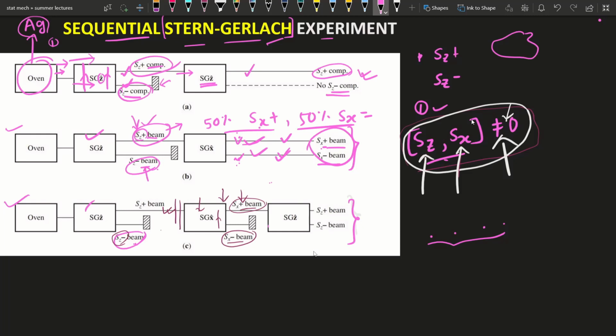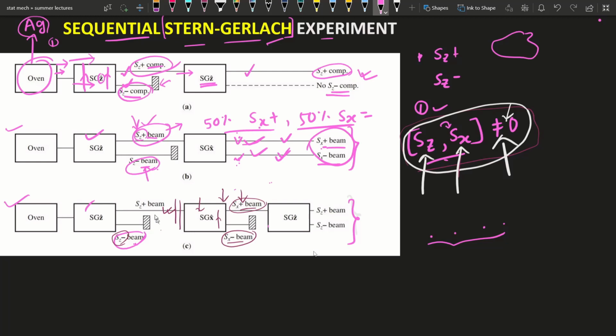For this kind of two observables, when we measure any one, then the previous information of measurement of the other will be lost.